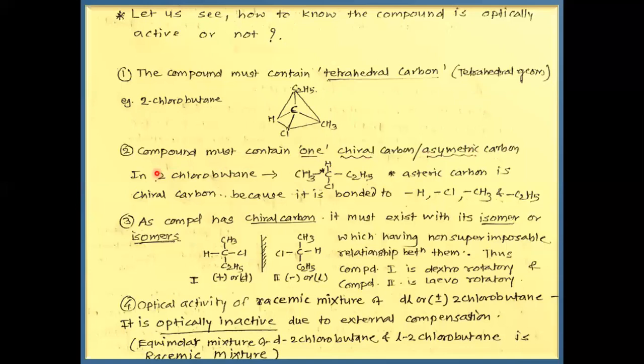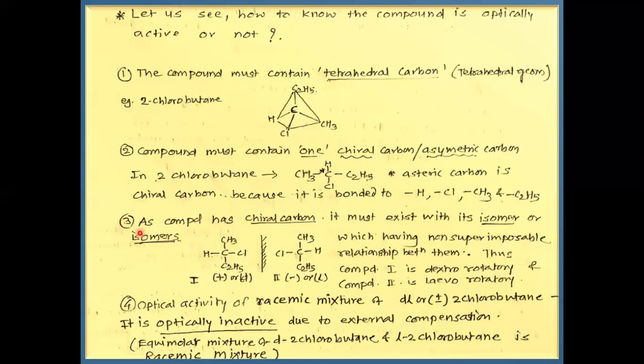Now in 2-chlorobutane, CH3CHClC2H5, there is one chiral carbon, one asymmetric carbon. It is chiral because it is bonded to one hydrogen, second chlorine, third methyl, and fourth ethyl group. All are different. No one is identical.